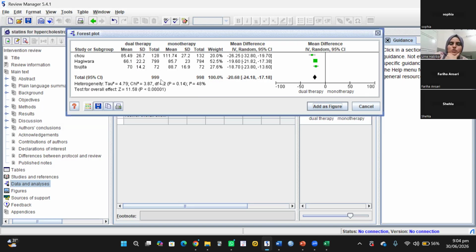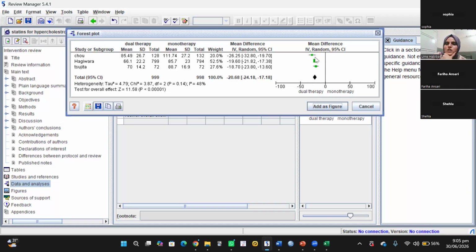Now, all of this numerical data is given in this graphical format as well. How can you interpret it? The middle line is the line of no effect, right? This is my graph. You remember it asked me what I wanted to label the left side and right side. I said label left side as dual therapy and right side as monotherapy. That's what it did. Now you can see these small boxes at the top.